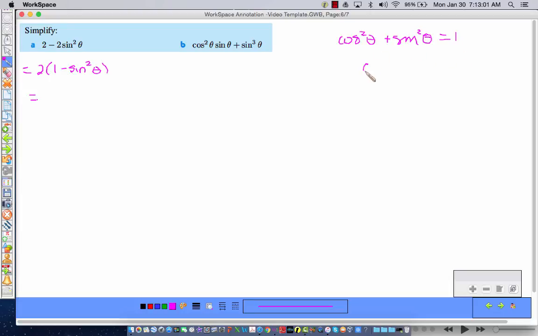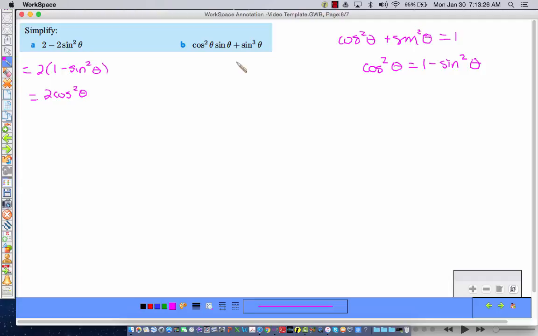So if I subtract sine squared theta from both sides, I get 1 minus sine squared theta, which is exactly what I have here. So that is equal to cosine squared theta. And so we end up with 2 cosine squared theta. Clearly, 2 cosine squared theta is simpler to deal with than 2 minus 2 sine squared theta.